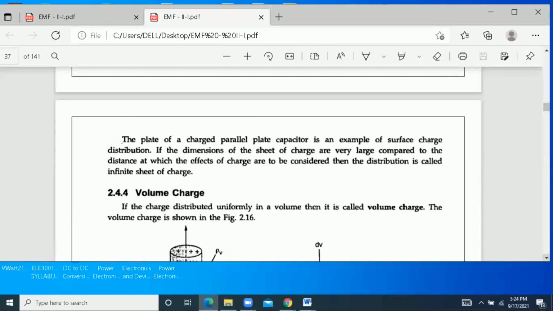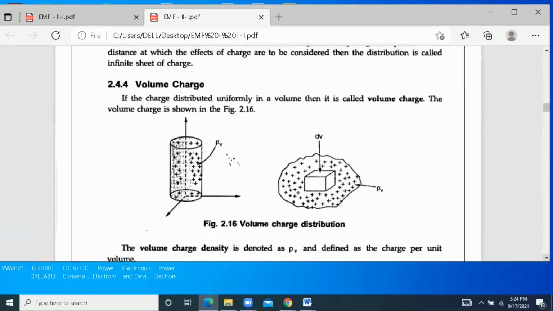Now, instead of having a surface charge density, you could have a volume of charge. Note that in all these arrangements, the objective is to first be able to find your total charge in order to use Coulomb's law.